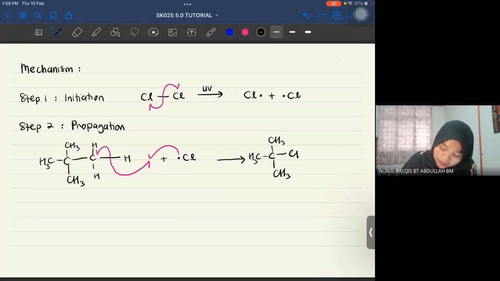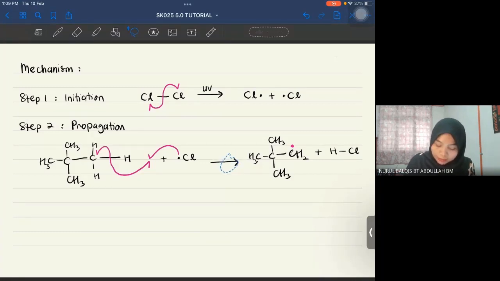We have this CH2. So the radical will be on the carbon here. And then what will happen to the Cl and H radical? They will form a bond between them, H and Cl.